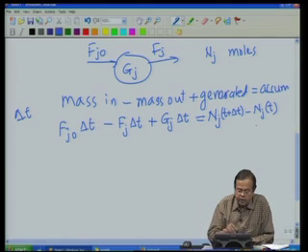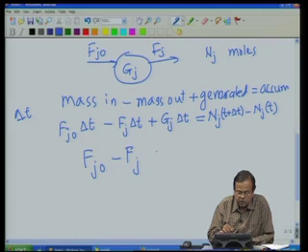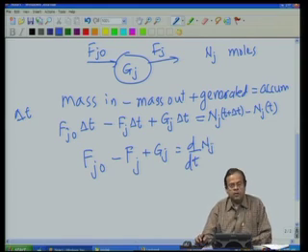Now, if we divide both sides by delta t and take limits as delta t goes to 0, we get our mass balance equation: Fj0 minus Fj plus Gj is dNj/dt. Since we are dividing this mass balance by delta t, what we have now is the expression in terms of rates.